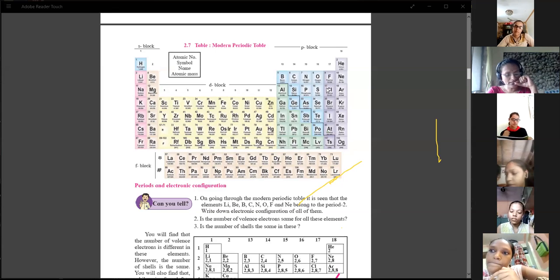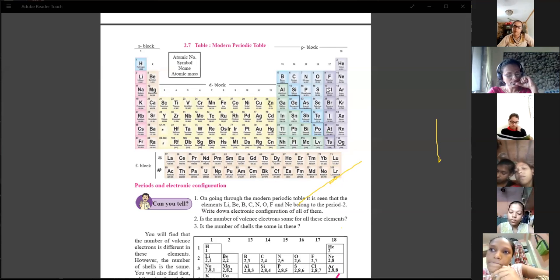Now, let us compare the characteristic chemical properties of metals and non-metals. It is seen from the chemical formulae of a simple ionic compound that the cation in them is formed from a metal, while the anion is formed from a non-metal.